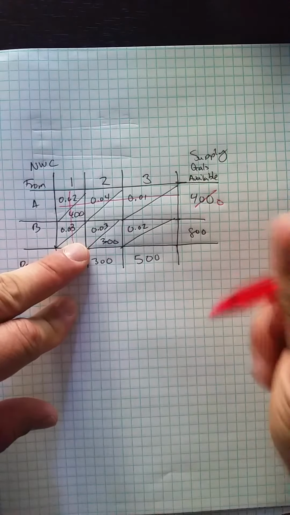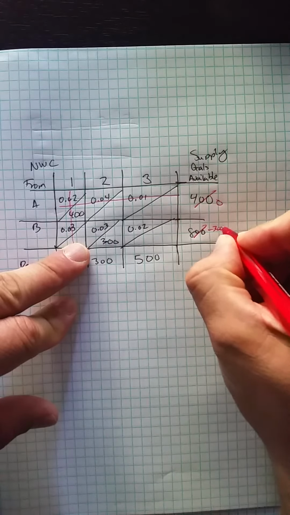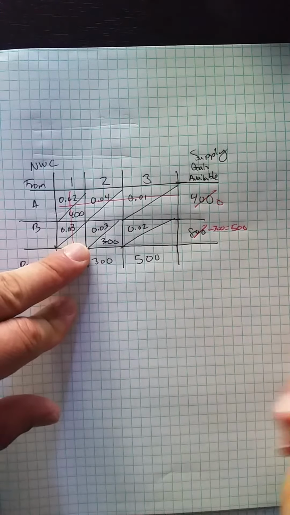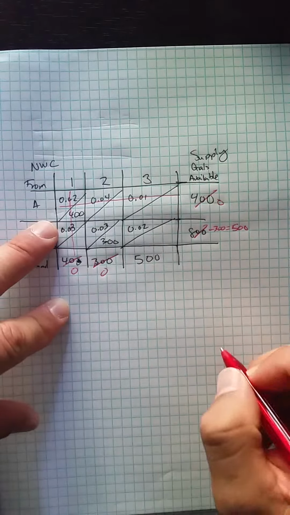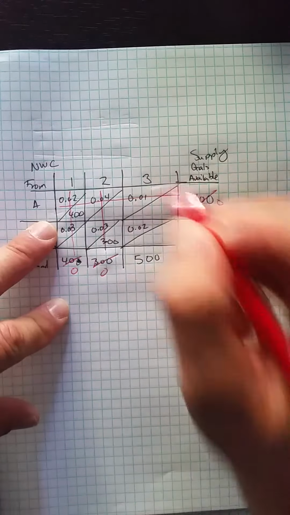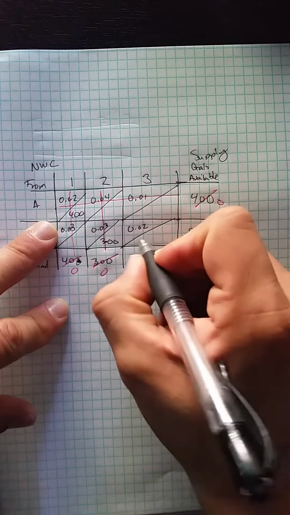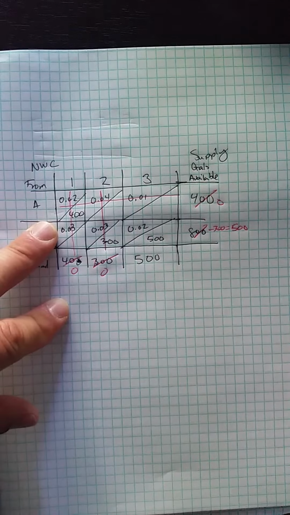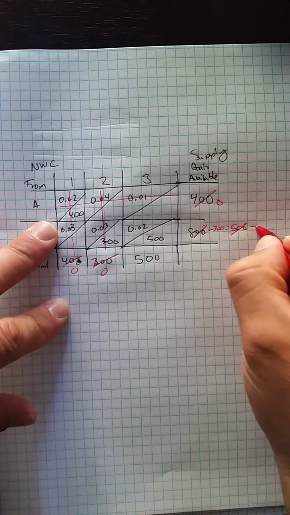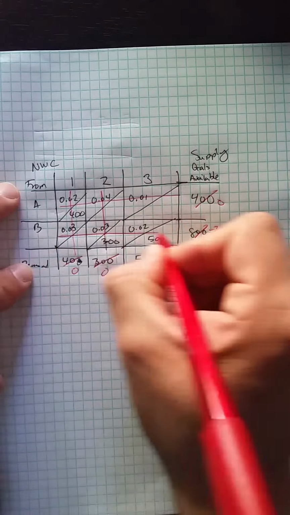So you subtract 300 from this, minus 300, to show all my work, be 500, and that will equal 0. And now this one's maxed out, so you don't need any more. And then whatever's left over, 500. That will equal 0. That will equal 0. Cross those out. All right, so that's the first section.